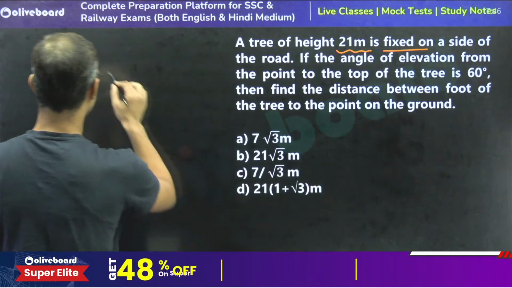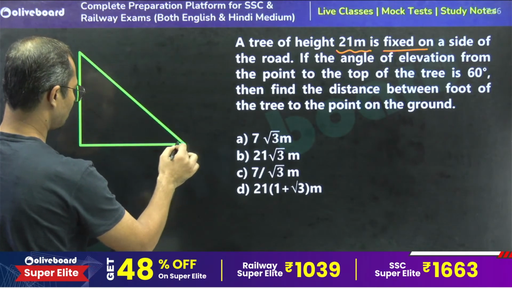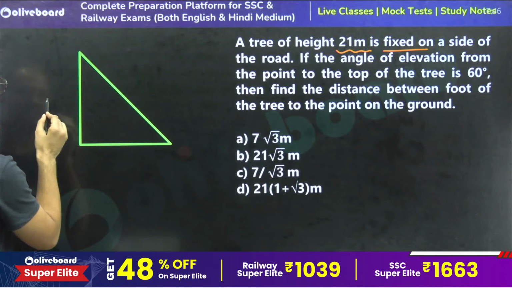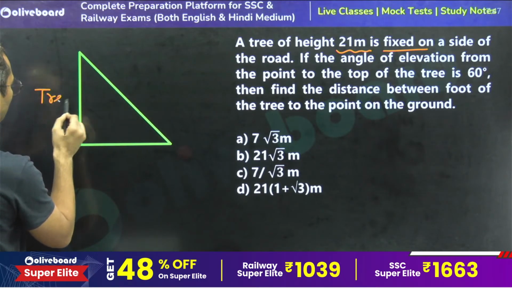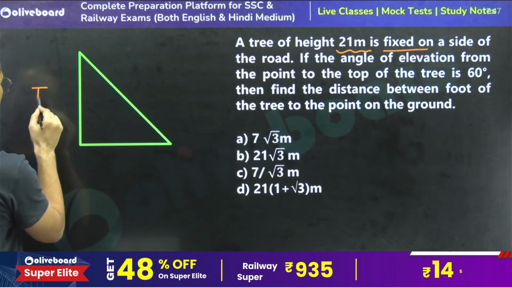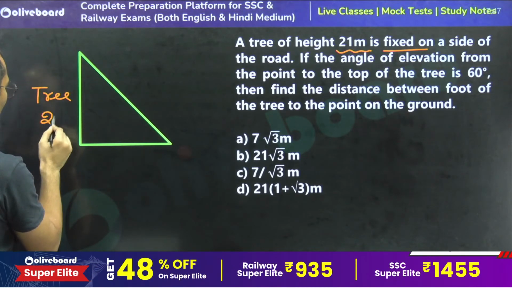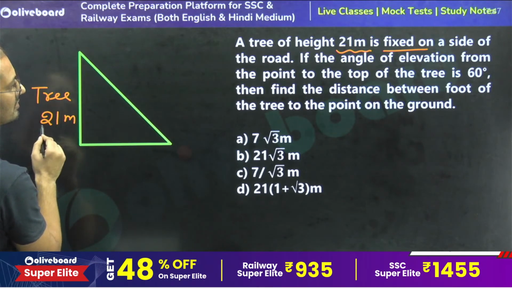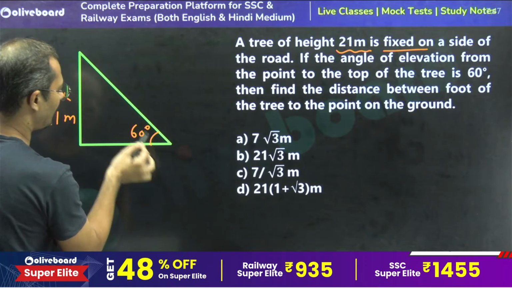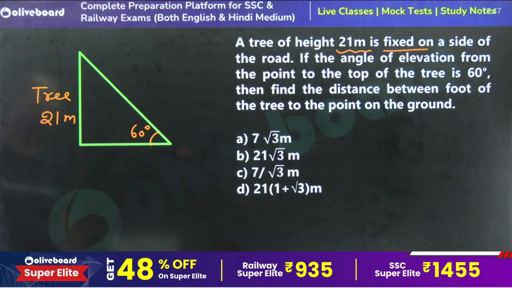So here we can make the right angle. This is the tree, right? And its length is 21 meter, right? So angle is how much? 60 degree at the top of the tree.